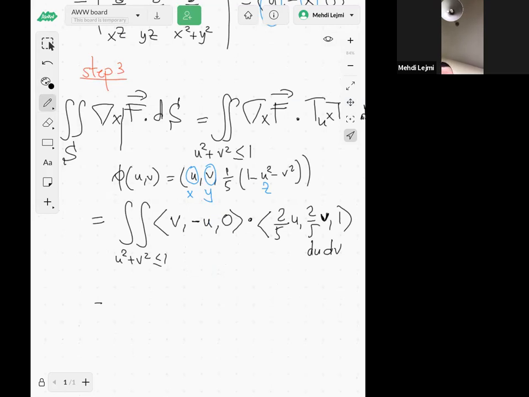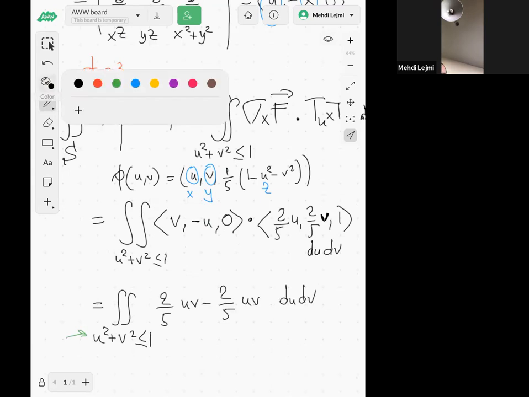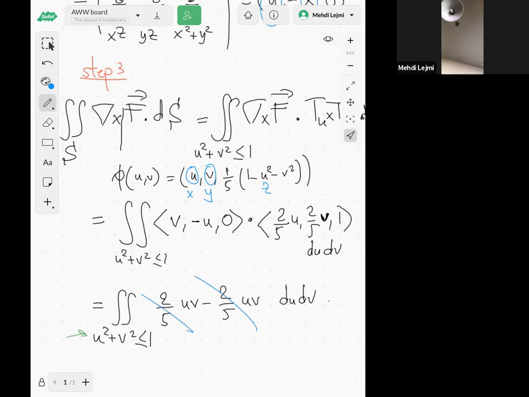Otherwise, if it's not 0, guys, of course you have to use polar coordinates. But here it's just 2/5 uv minus 2/5 uv plus 0, du dv. So these things cancel out, and the answer here is 0.